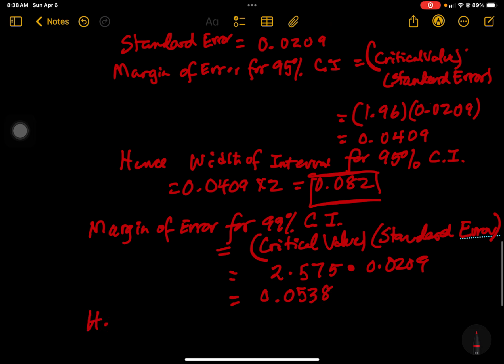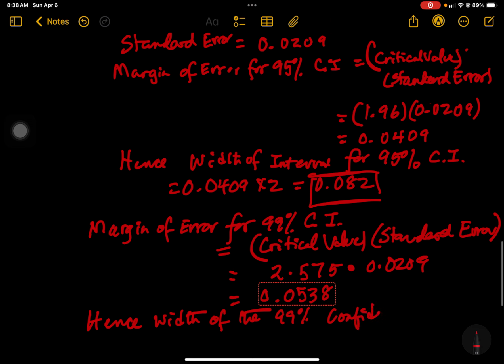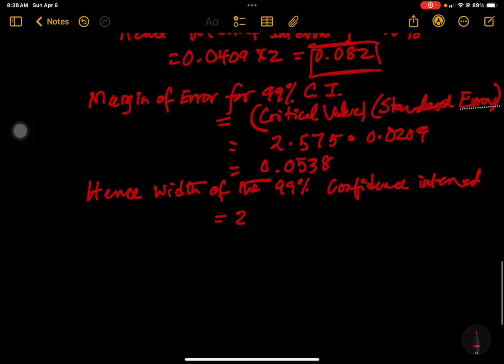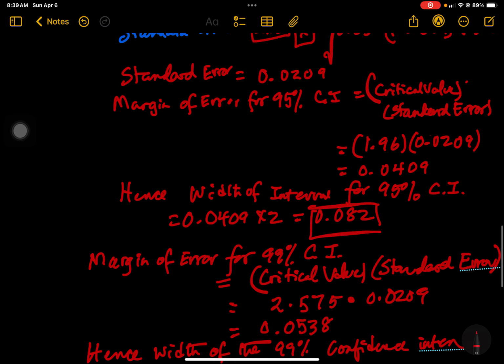Hence, the width of the 99% confidence interval is equal to 2 times margin of error, which is 0.0538, which is equal to 0.108. This is equal to what we have obtained before.